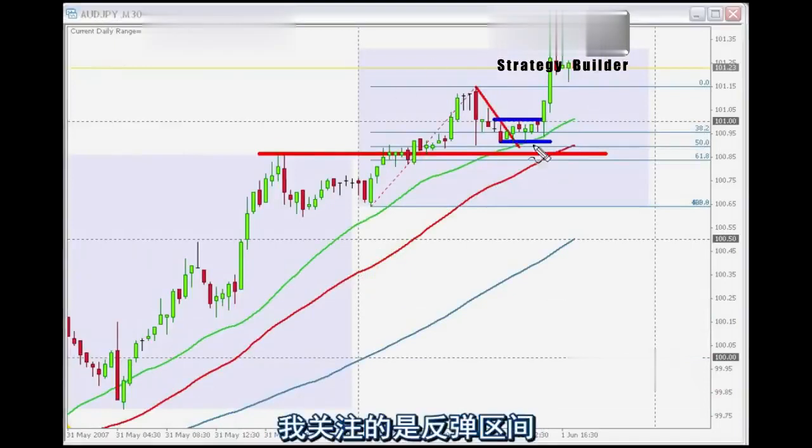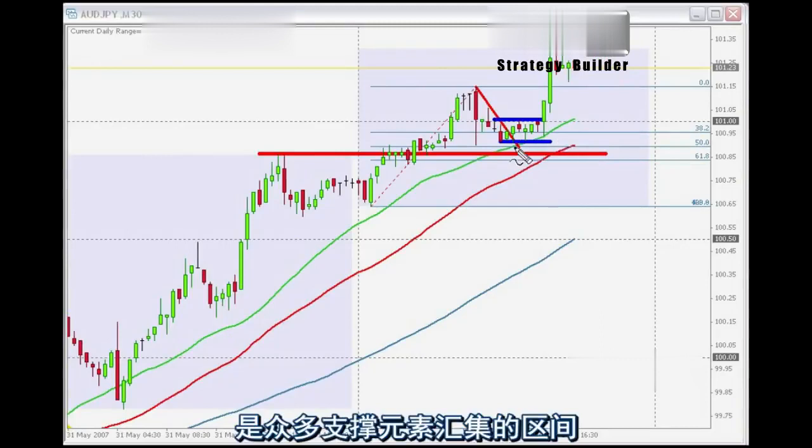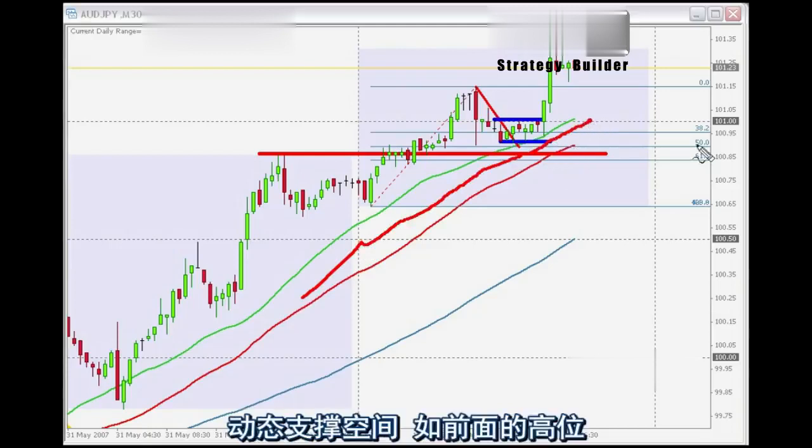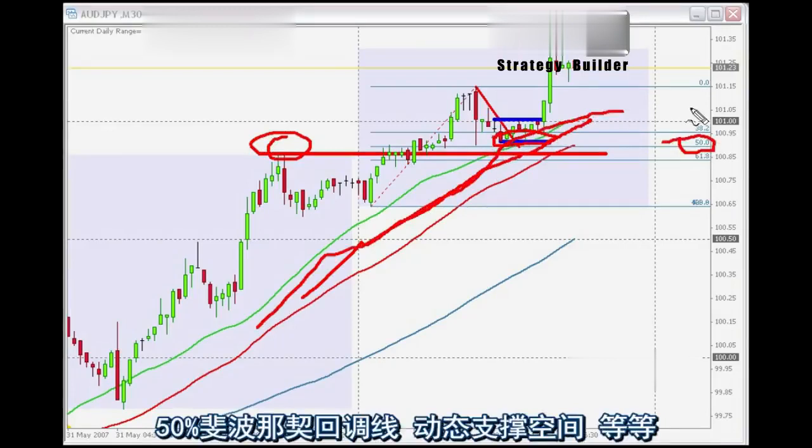I was looking for a bounce off this area. This is a decision area, where loads of elements of confluence come together around the area of dynamic support. Like I said before, previous swing top, 50% Fibonacci, dynamic area in itself, etc.